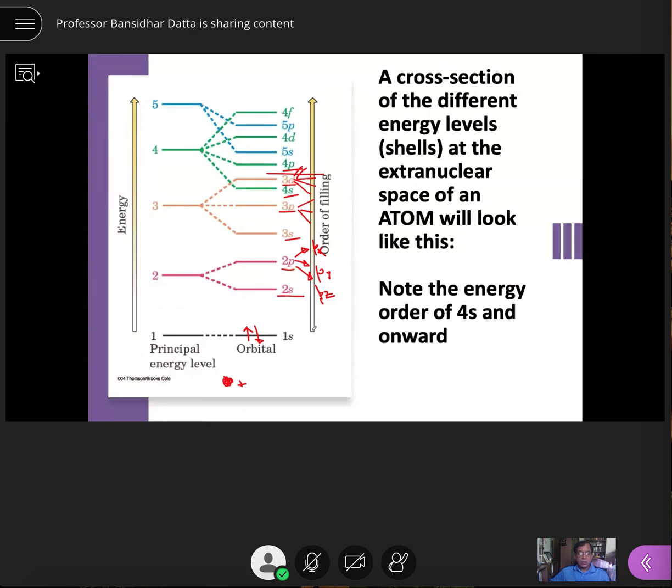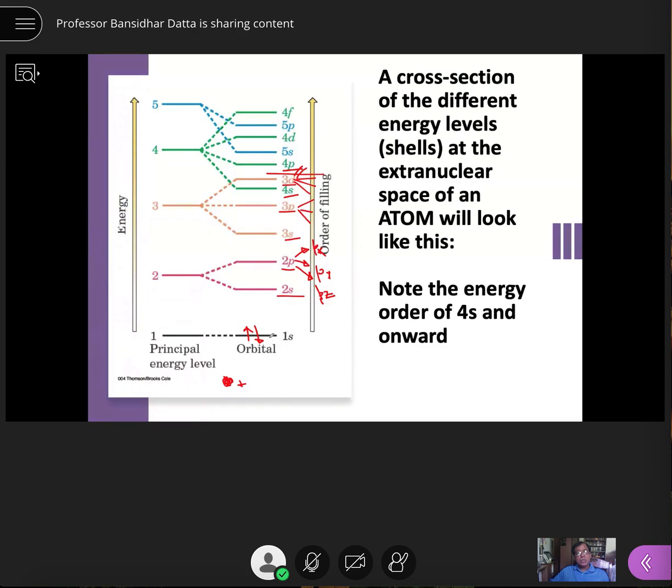So once again, there are 3 rules that dictate the electronic distribution of the atom in the extranuclear space. The first rule is electrons will go to the lowest energy shell, subshell, or orbital first. It will go to the lowest energy, that is 1s.